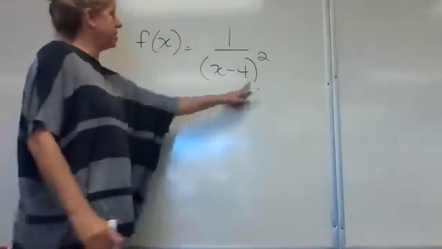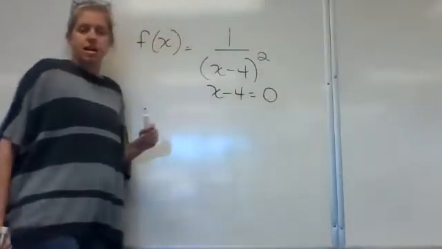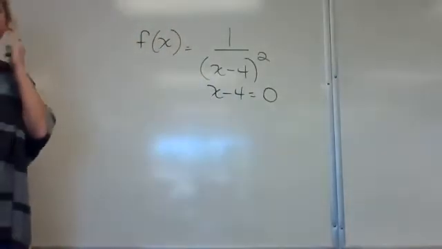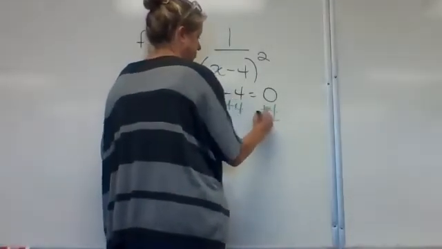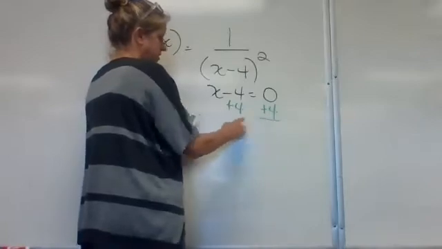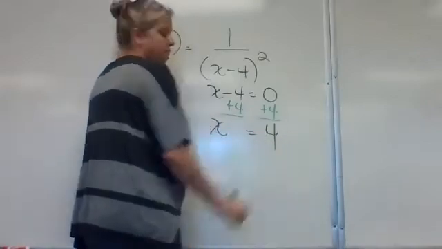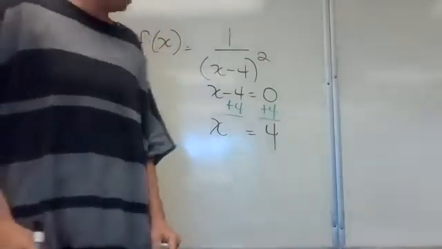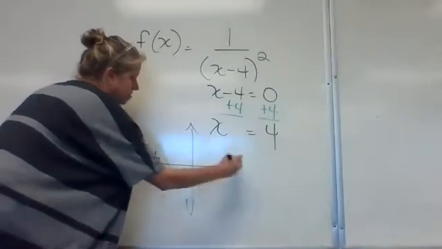I set this factor equal to 0 and solve it for x, which means I will add the 4 to both sides. So x equals 4.